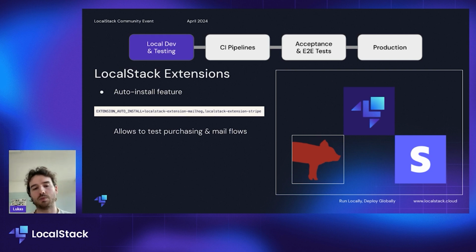That's where Mailhog comes in, and it basically allows us to fetch any mails that were sent during the lifecycle of the application. And then we also have the Stripe extension, which just allows us to really test end-to-end flows of customers purchasing a subscription. So we can see whether it was persisted correctly on Stripe's end.